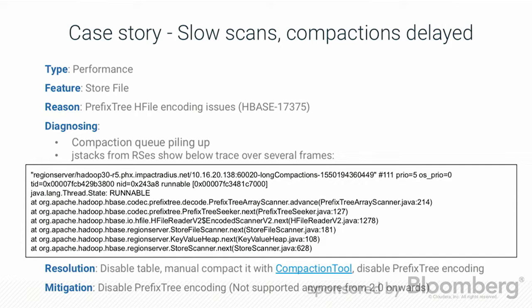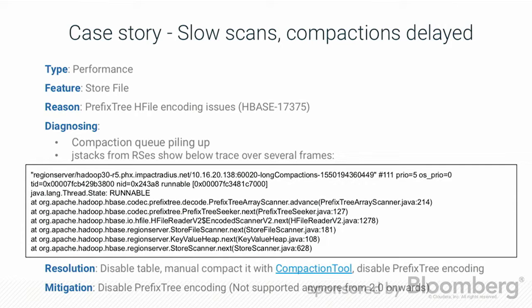This particular type of case was very common in a specific geographic region where, for some reason, our customer base was applying this specific configuration. Diagnosing that, the first symptom perceived was slowness on either client scans or compaction, with the compaction queue getting higher.